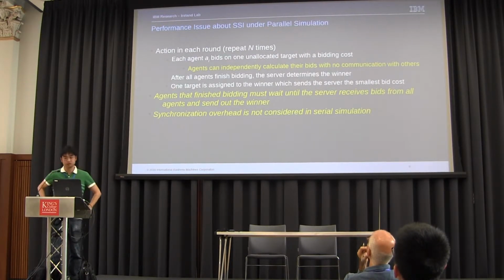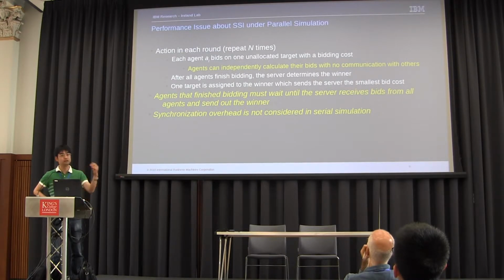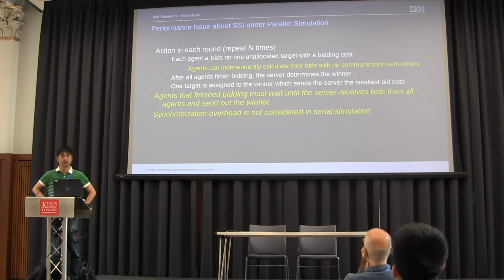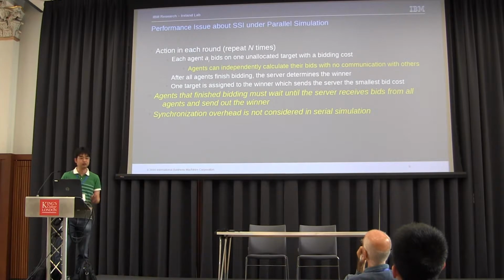However, when it comes to a parallel simulation setting, each agent can bid on one target, but we can work on that in parallel. So we can easily parallelize the algorithm, because each agent can use only localized information on the other agents and then locally compute the bid cost.